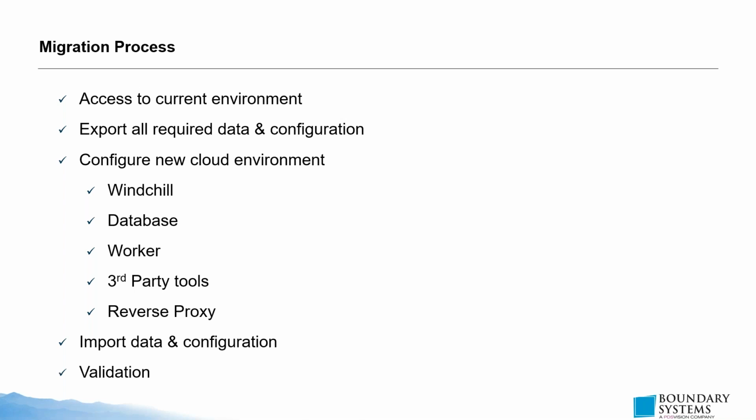Once that's done, we do a validation of the data, normally together with the customer, so they check that they're able to check in and do Windchill commands and activities. Once all is validated, we go live.